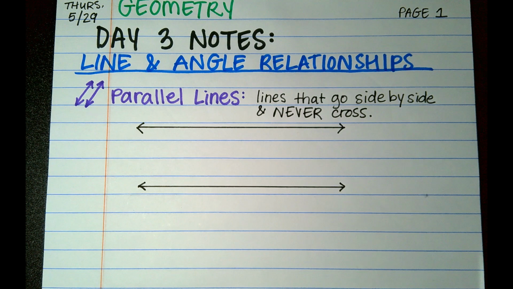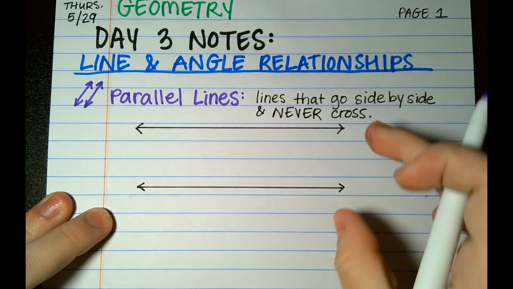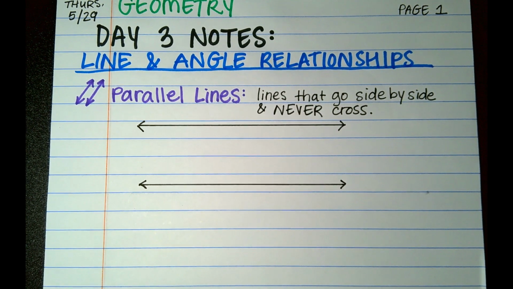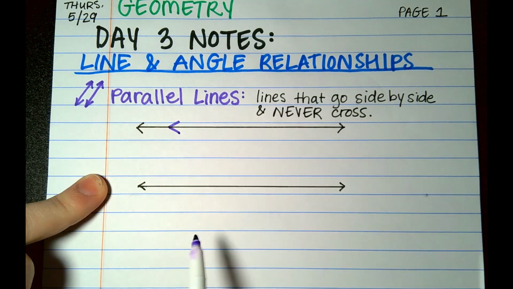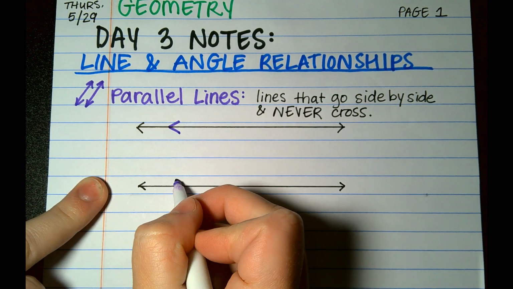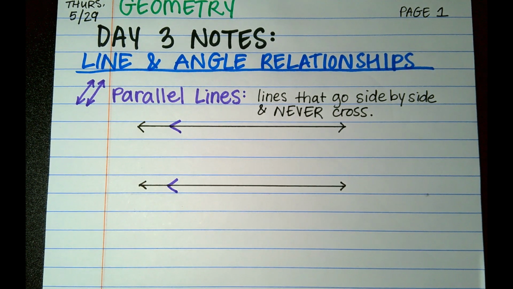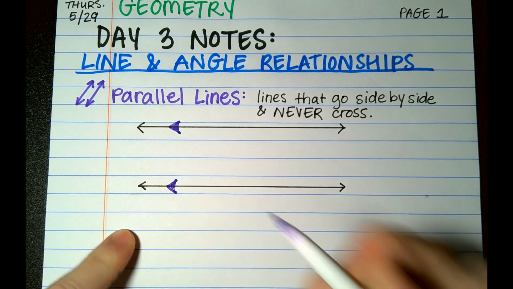You will know that two lines are parallel because the lines will have markings on them. If you have two lines like this and they don't have this marking, we can assume they're not parallel. This is the marking we'll see. It'll be like a little arrow on both of the lines going the same way. Sometimes it'll even look like a triangle.